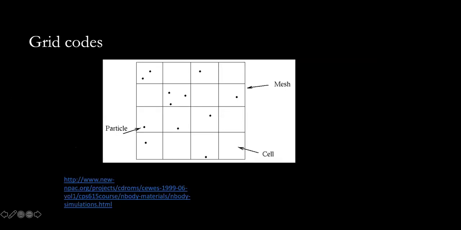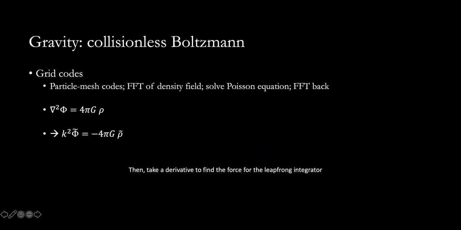The other method is to basically slap down a grid, see where your particles lie in this grid, and do basically an FFT on the density field to find the gravitational potential, and then take a derivative of this potential to get the gravitational force.